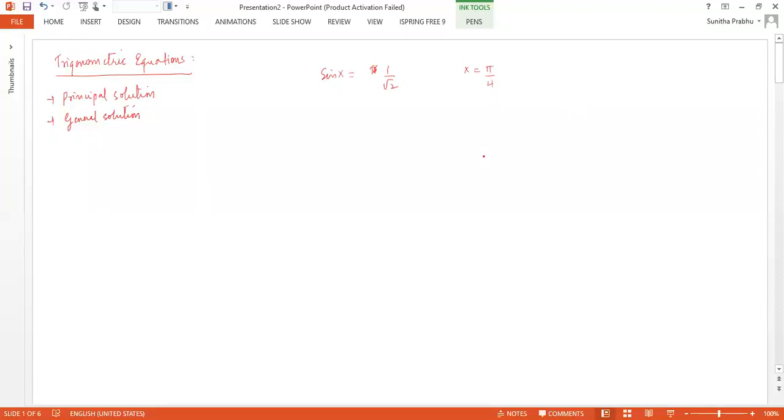Okay. Supposing I say sin x is equal to half. What can you tell me? x is pi by 6, sin 30, right? But you know that this sine function is cyclic. That means it is going to repeat itself.